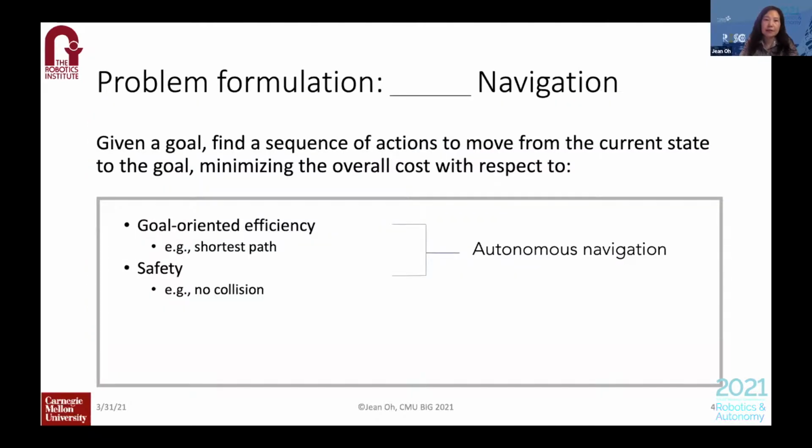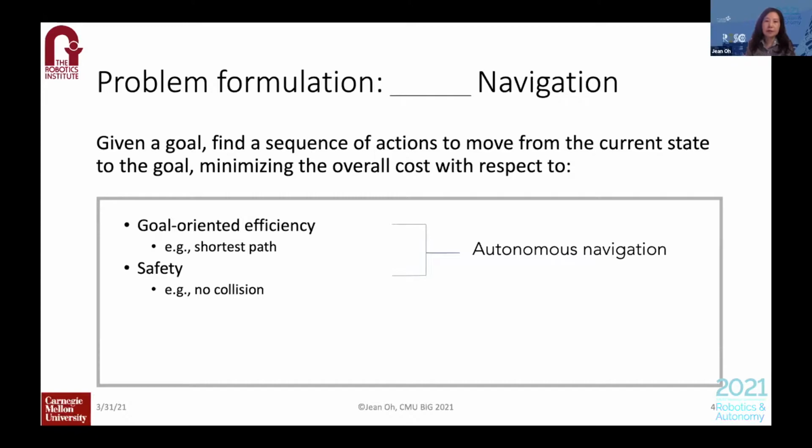Just to go over some of the definitions. Robot navigation is essentially a planning problem. When we say navigation, there is typically a goal destination to reach. Given that goal, the problem is to find a sequence of actions to move from the initial, or current, position to reach the goal.